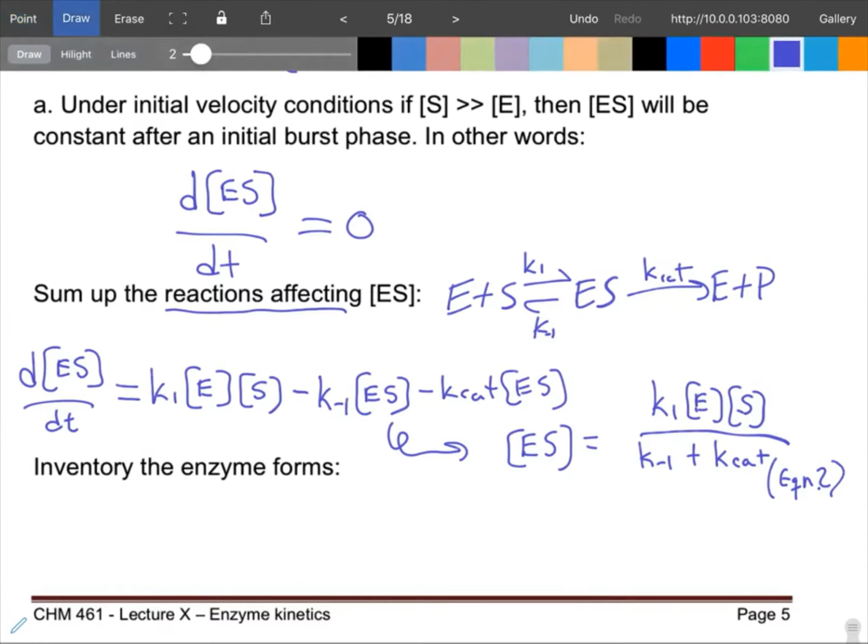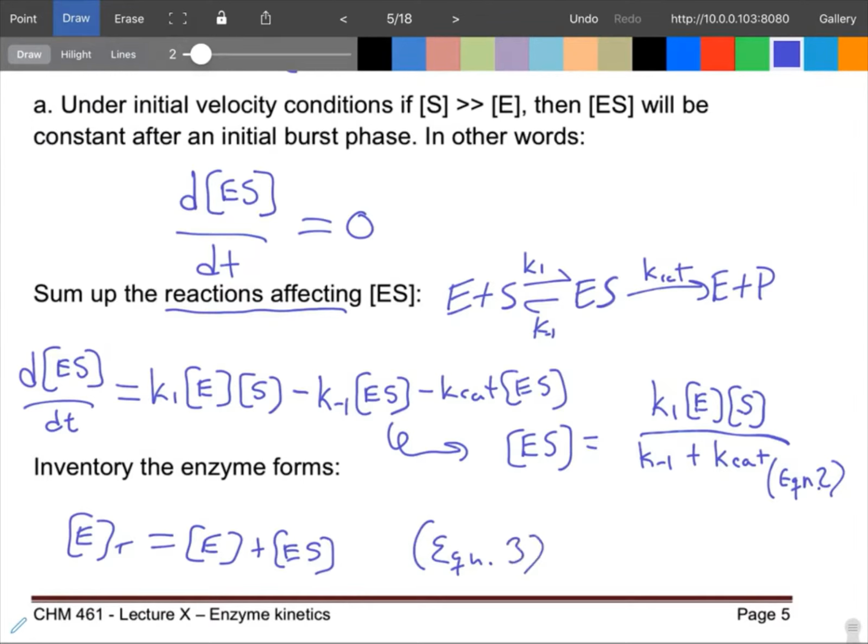So let's re-express, and the way to do this is to inventory all the possible enzyme forms. So we've got total enzyme, that's how much I know I squirted into the test tube to do the reaction, equals free enzyme plus the enzyme substrate complex concentration. This one is equation 3.